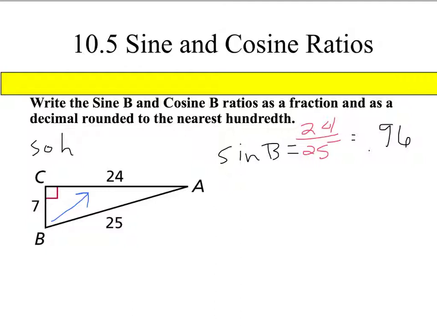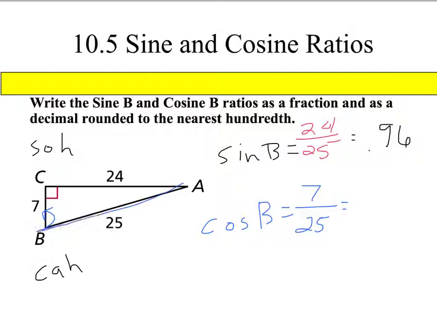Now we're going to do the exact same thing for cosine. Cosine is adjacent over hypotenuse. I'm looking at B, and my adjacent side is going to be 7. So the cosine of B is equal to 7, my adjacent side, over the hypotenuse, which still stays the same at 25.